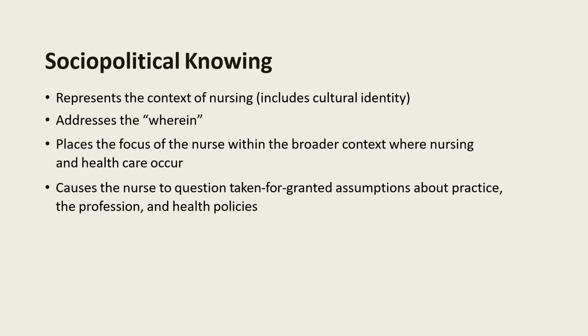Nursing must address how domination affects the health of persons and communities. It must have understanding of gatekeeping mechanisms. All the other patterns of knowing need to be framed with the context of socio-political knowing.